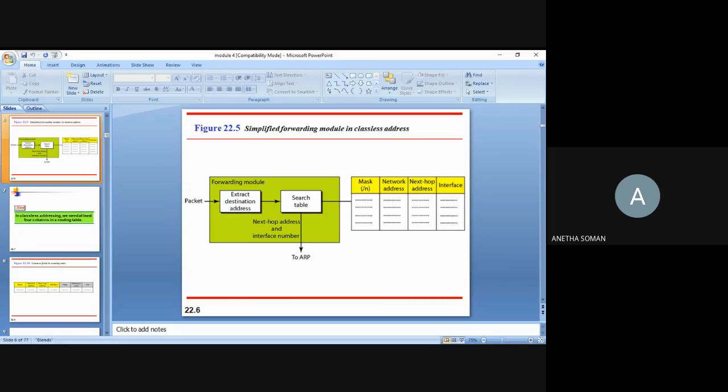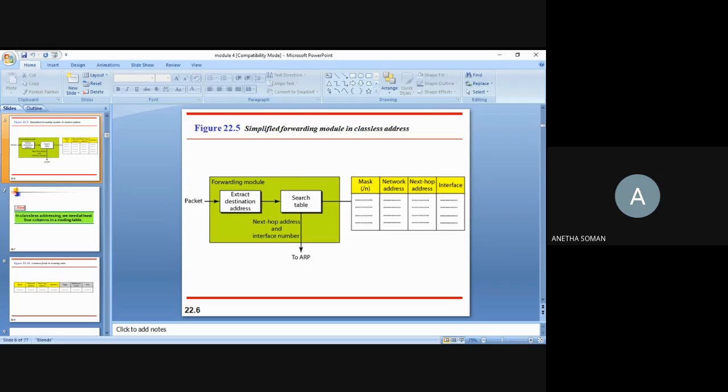Okay, so if you want to deliver the packet in an efficient manner, then the routing table needs to be updated dynamically, right? So that is the difference between the static routing table and the dynamic routing table. Okay, now what are the different fields in this routing table that we will see?